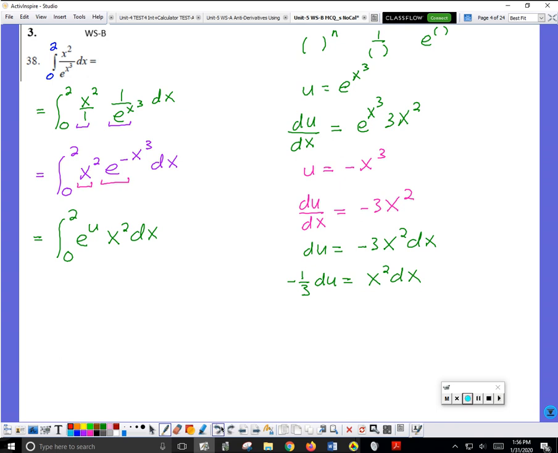So wherever you see this, you can put this in place. So over here, I'm going to do that. I have to put parentheses, otherwise it looks like I'm subtracting when I'm multiplying.